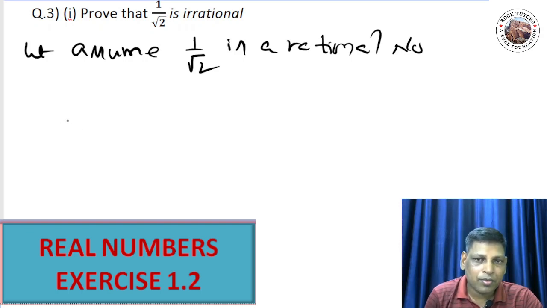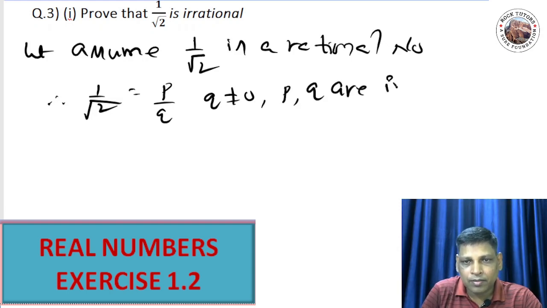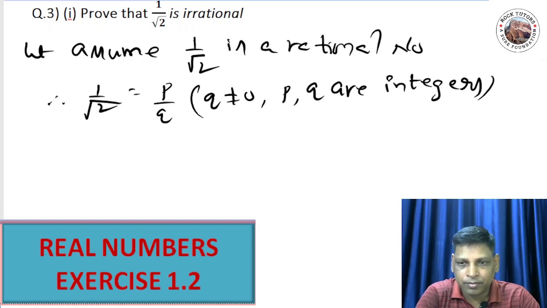Therefore, I can write 1 by root 2 is equal to p by q, where q is not equal to 0 and p, q are integers.